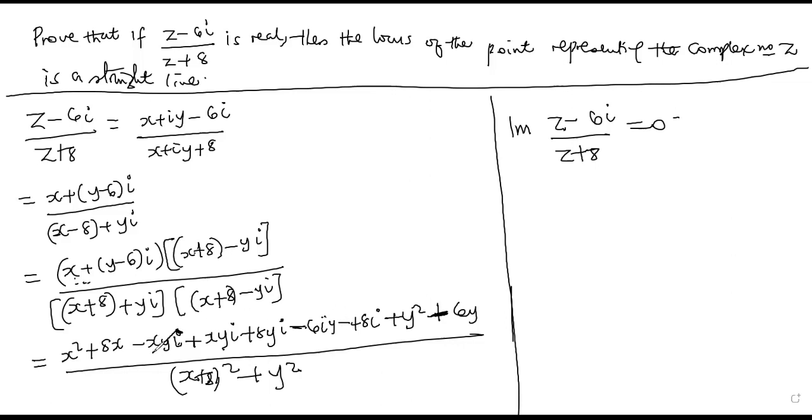This positive xyi and the negative xyi, they will cancel. So we shall have 8y, another imaginary.